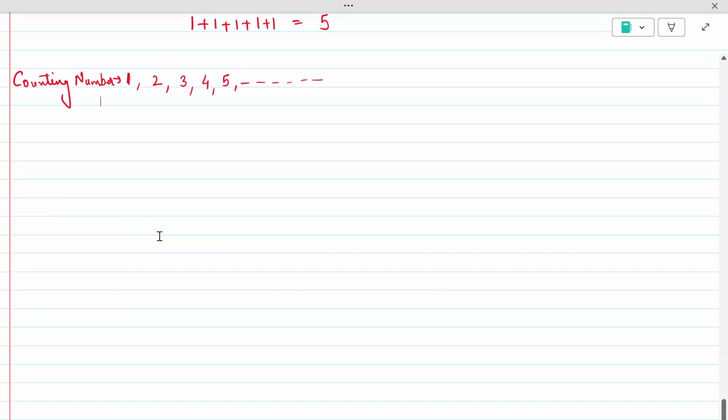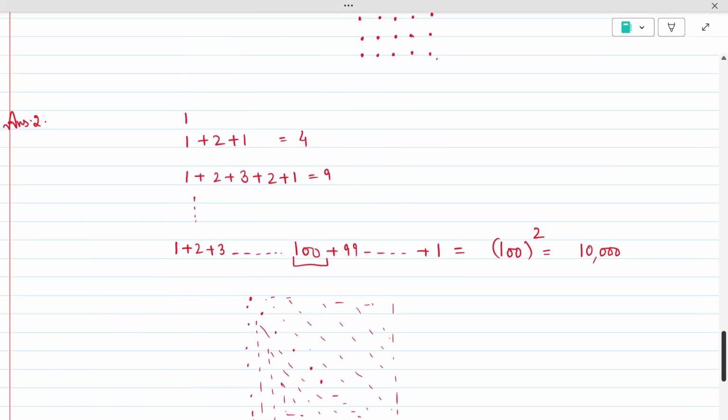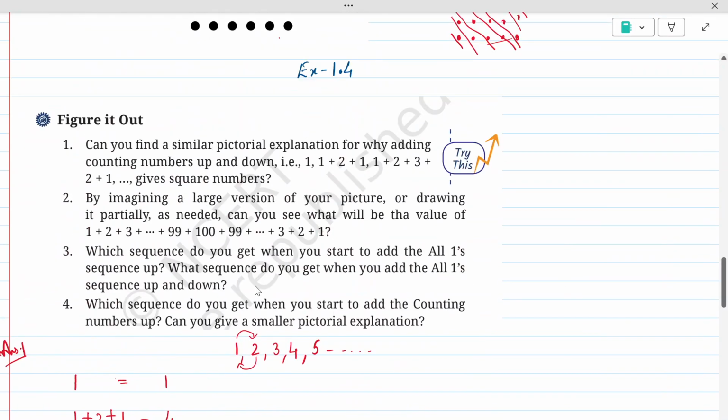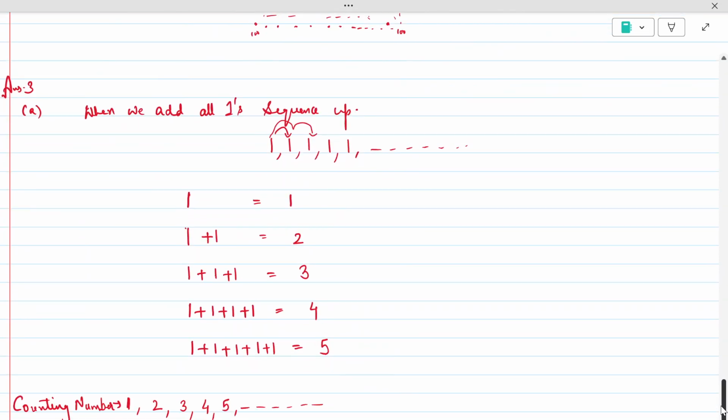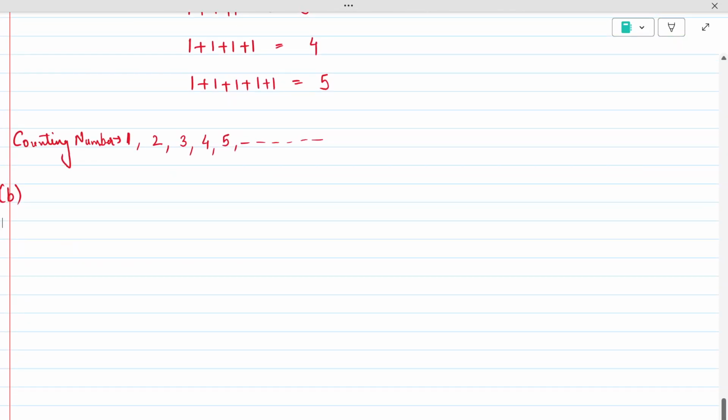And now we will pick the second part of the question. The second part was, what will happen if we add these sequences up and down? What sequence do you get when you add the all ones sequence up and down? So now let us try to solve this part. Again, I am writing the all ones sequence. Just adding the all ones sequence up and down.